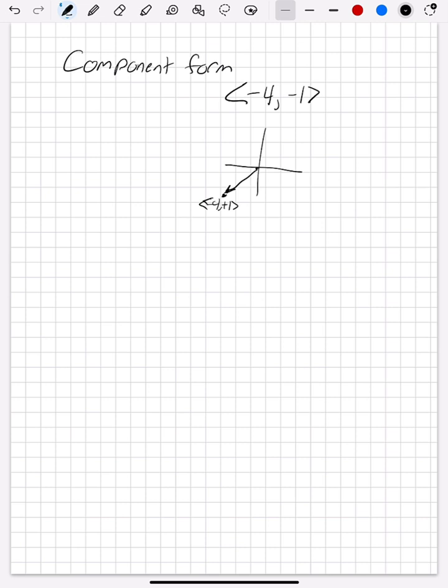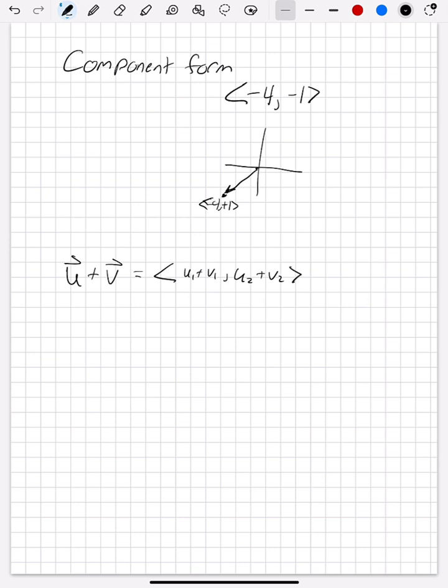And just to throw this in there, the two operations that we can do are addition and scalar multiplication. The best thing about the components of vectors and their operations is that they're component-wise. So if you have u plus v, the vector u plus vector v, then you just have u1 plus v1, and then u2 plus v2.